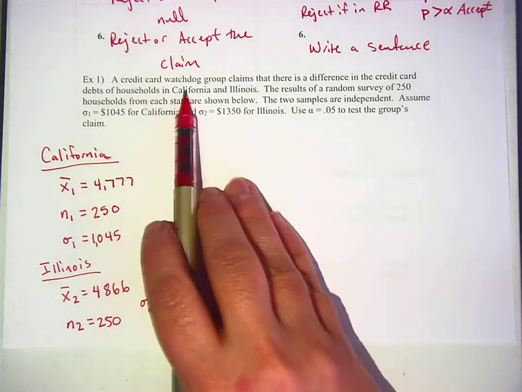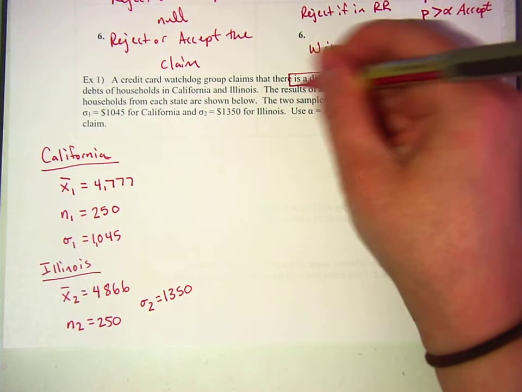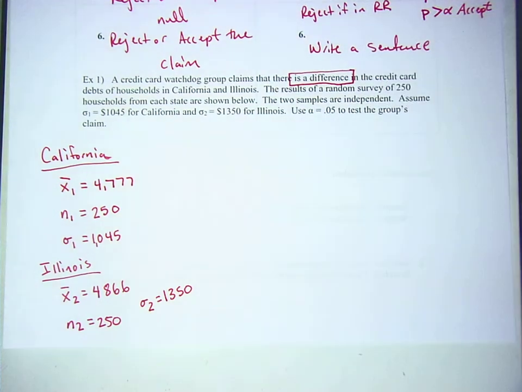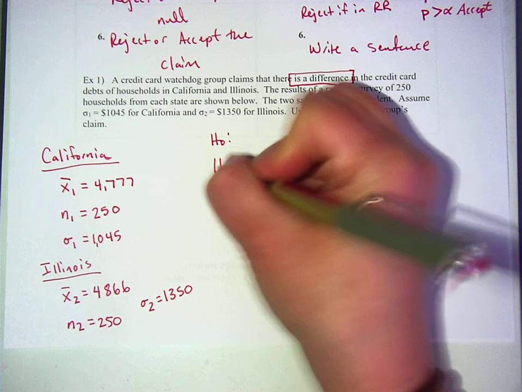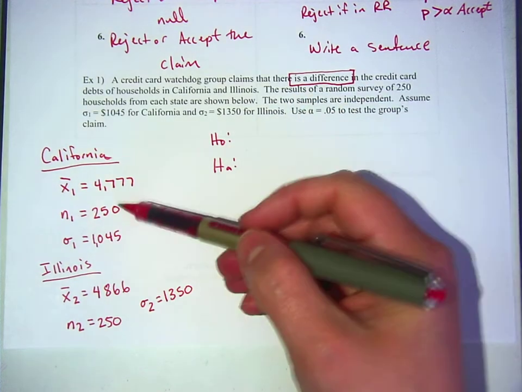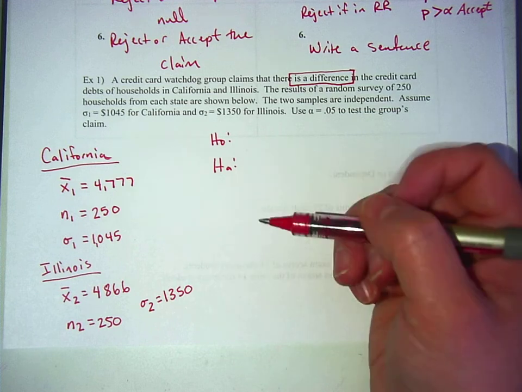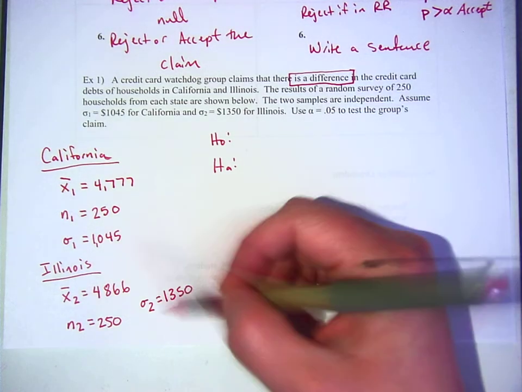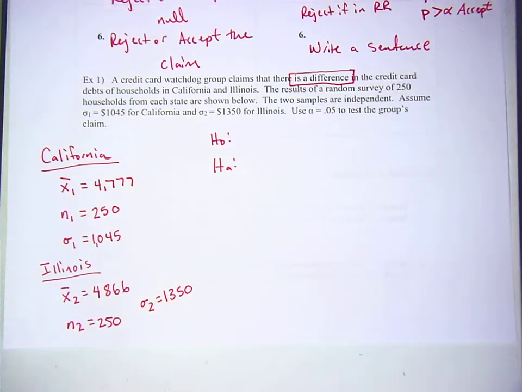So a credit card watchdog group claims that there is a difference. What do you think I should write for my H sub 0 and H sub A? Oh, first of all, I can do the problem, not only is n bigger than 30, but I also know the population standard deviation. Okay, so if the claim is that there is a difference, what does that mean?